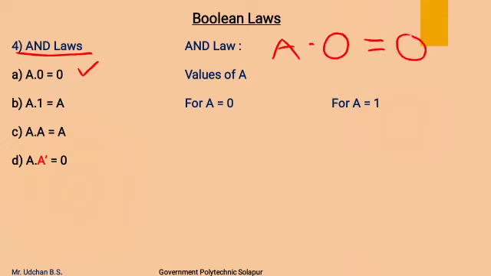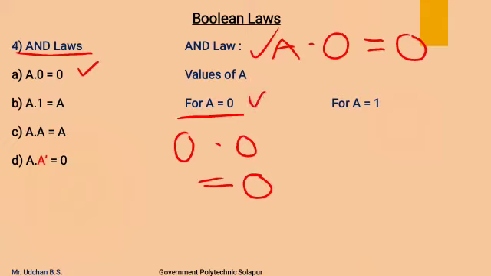Now we will consider two values for a. First, for a equal to 0, we put the value of a in this equation. That becomes 0 into 0, which gives you 0. That is, we considered the value of a as 0 and we got the result as 0.